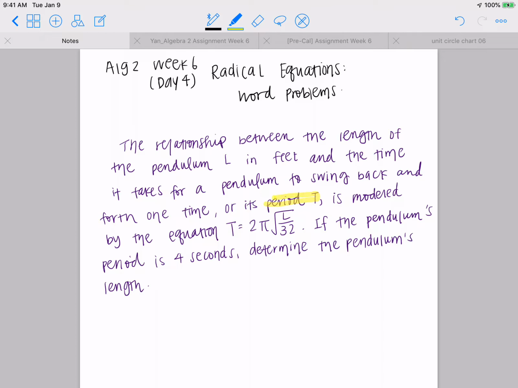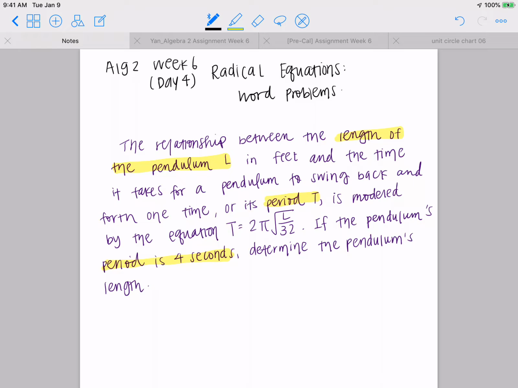Period is T, and the length of the pendulum is L. It's modeled by an equation T equals 2 pi times the radical of L over 32. If the pendulum's period is 4 seconds, determine the pendulum's length.